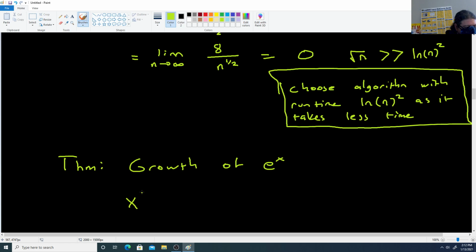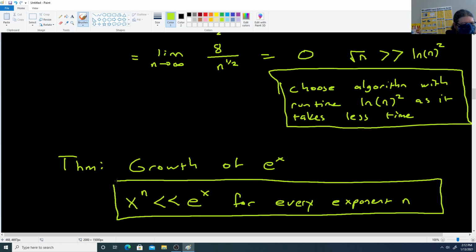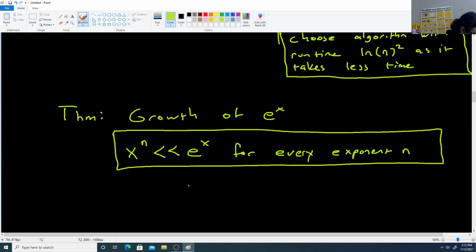And so x to the n grows slower than e to the x for every exponent n. So basically, x to the power n, if you go to infinity, e to the x eventually will always grow faster than it.